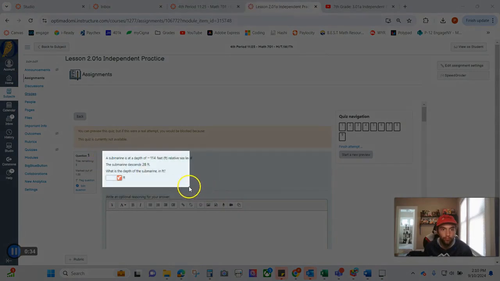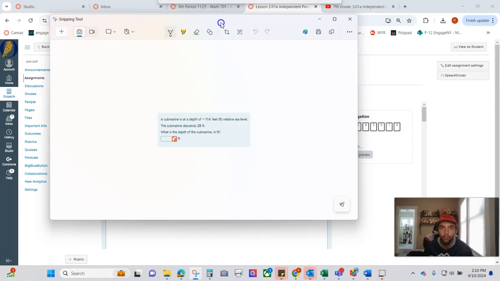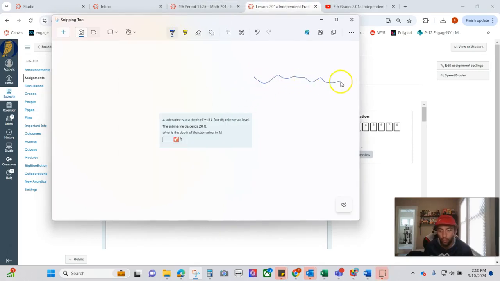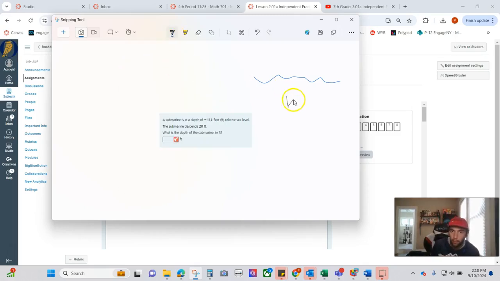So, let's draw this out. So here is our water, and here is our submarine.